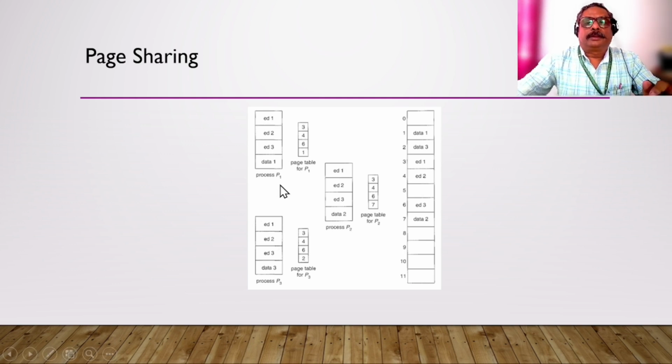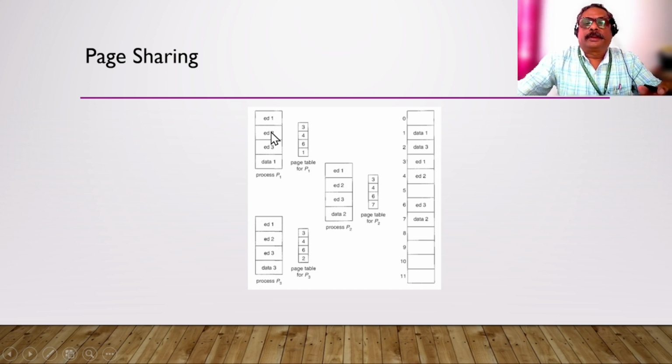See that there are three processes, P1, P2 and P3, and P1 is working with editor 1, editor 2, editor 3, and P2 is working with editor 1, editor 2, editor 3, and the same case with P3, all three are being used. P1 has its own data, data 1, P2 has data 2, and P3 has data 3.